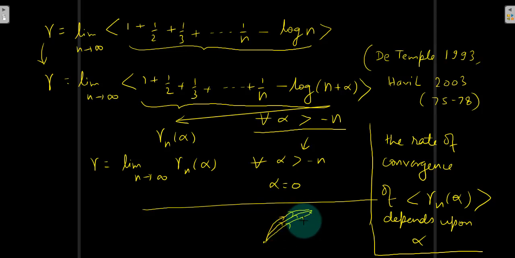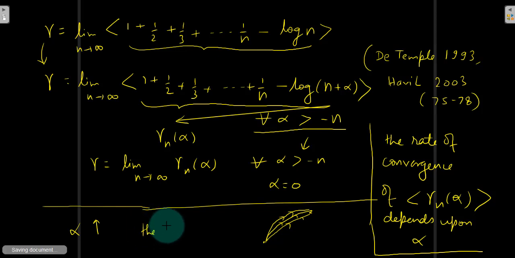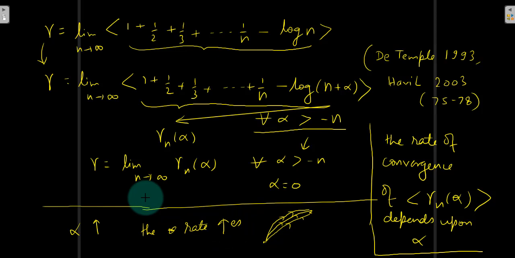So the rate of convergence depends upon alpha here. We can also mention that as alpha increases, the rate of convergence also increases.